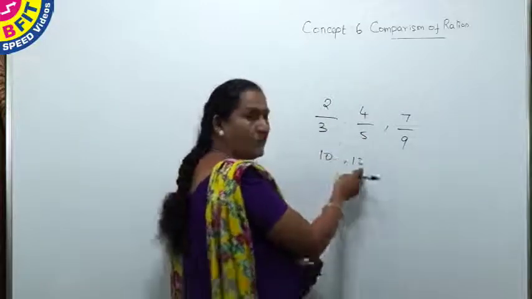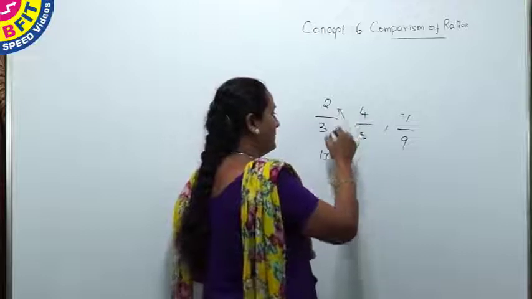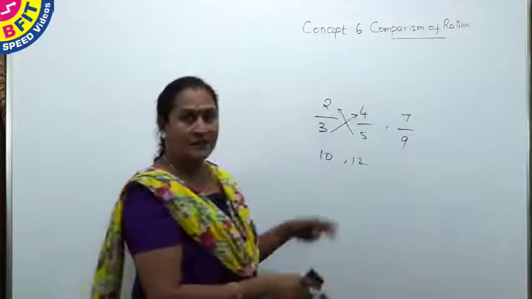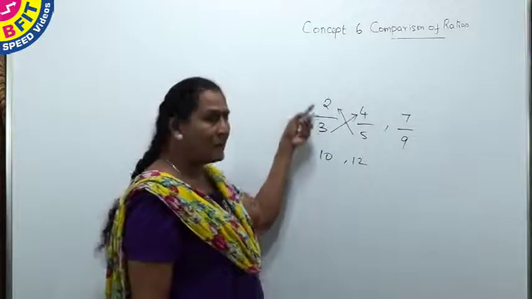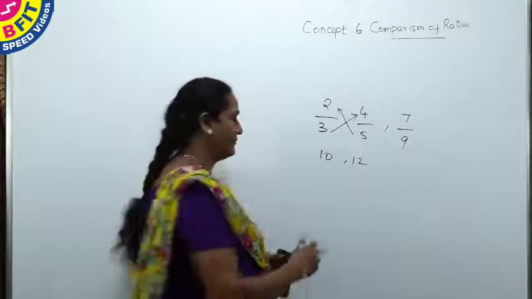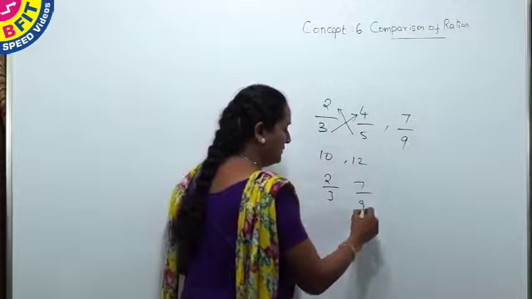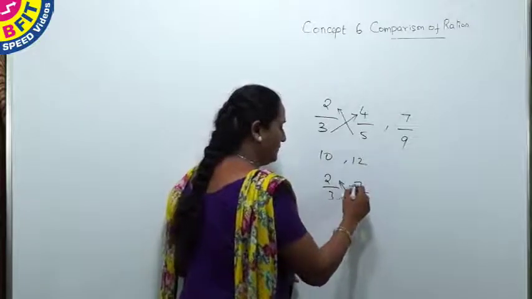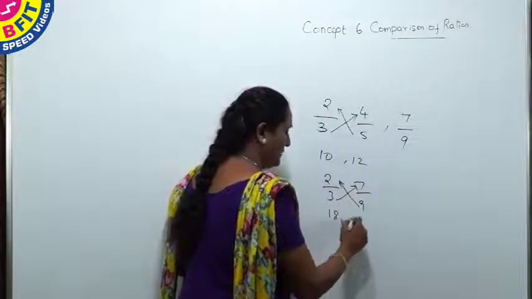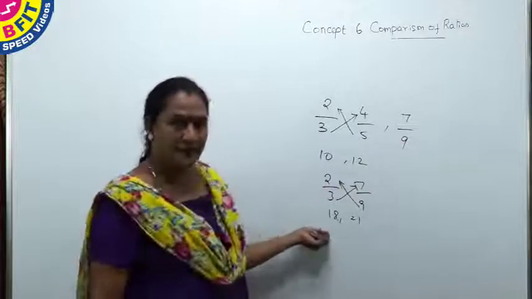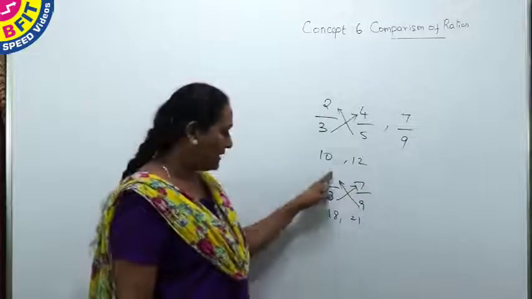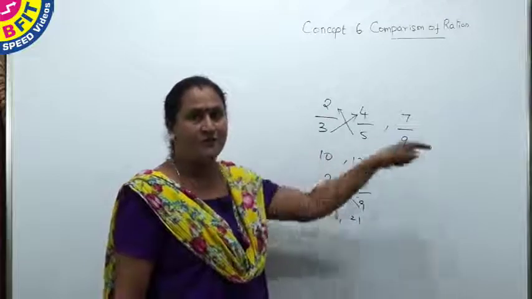In this 10 and 12, 10 is the smallest, so 2 by 3 is the smallest fraction. Now compare this 2 by 3 with the 7 by 9, again by cross multiplying, that is 18 and 21. As 18 is smaller than this 21, 2 by 3 is smallest among all these three.